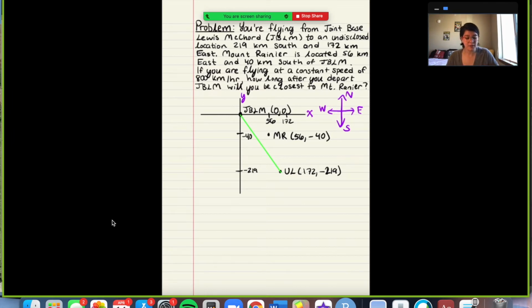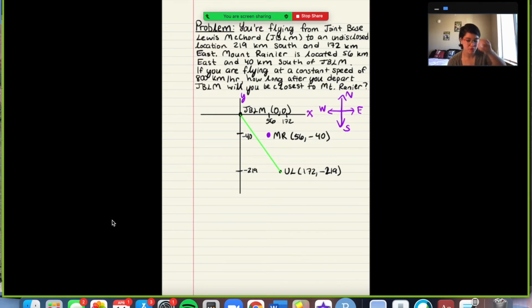And so now there's a lot of pieces to this. We're going to ignore the constant speed for right now. We'll come back to that later. But it's telling us that we want to find where Mount Rainier is closest to our flight path. Our flight path is the green line, and we want to find where Mount Rainier, this purple dot, is closest to that green line.